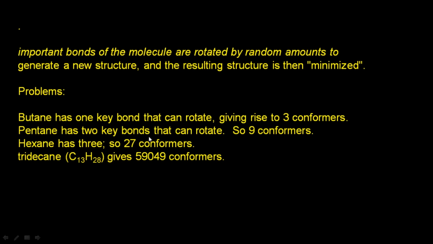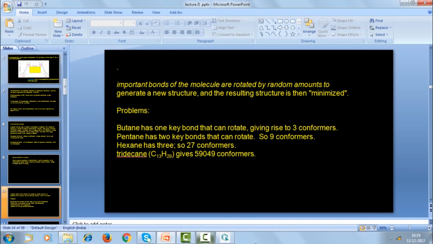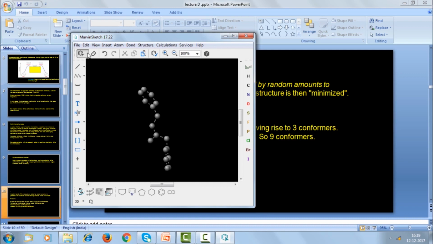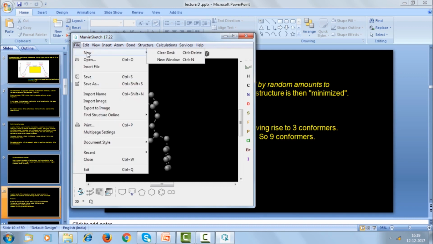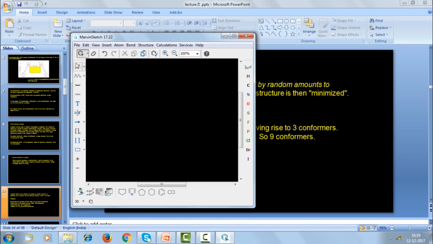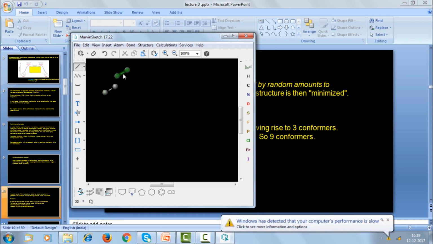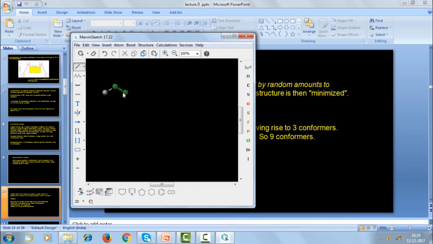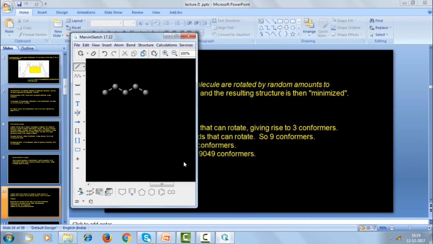Pentane has 2 key bonds. Pentane means C5, 1, 2, 3, 4, 5. So pentane, how many key bonds has it?